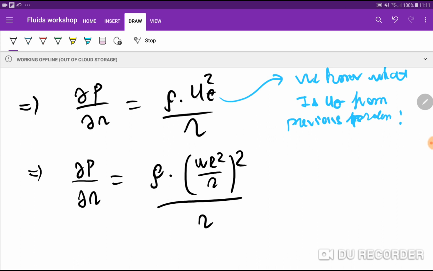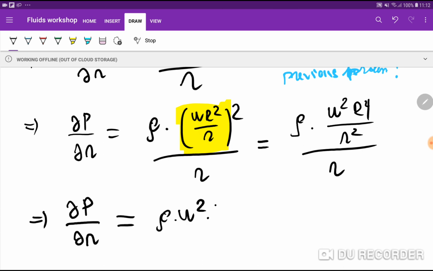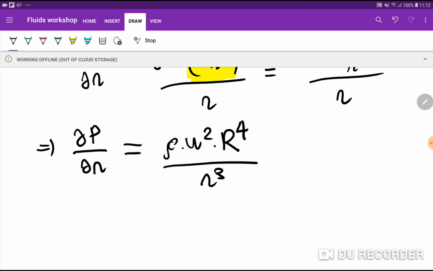If you simplify it, you get ∂p/∂r equal to ρ times ω² times R⁴ over r³. Okay, wonderful.